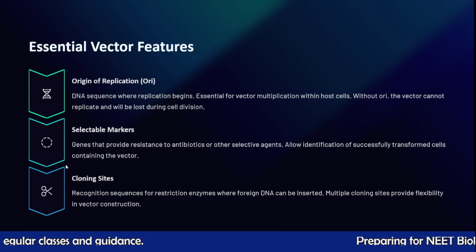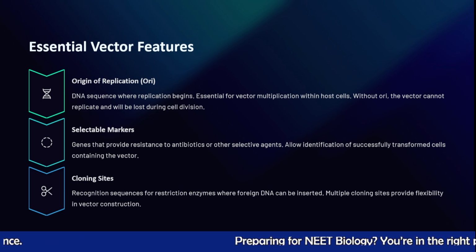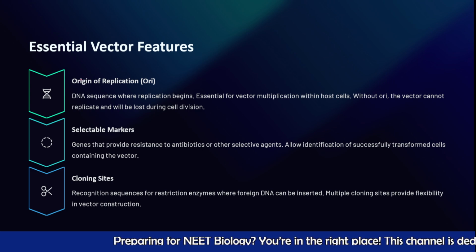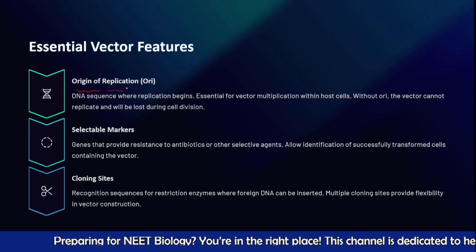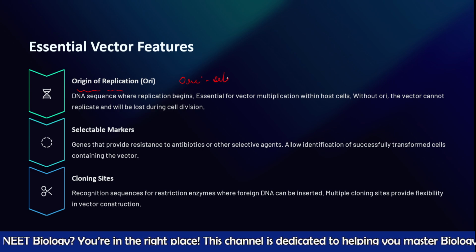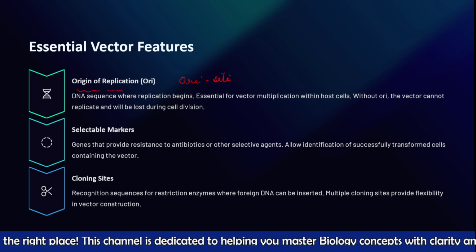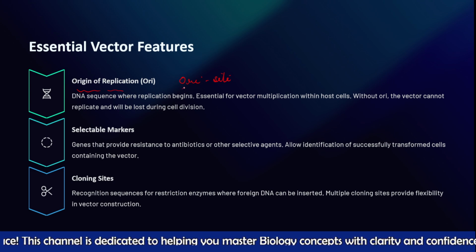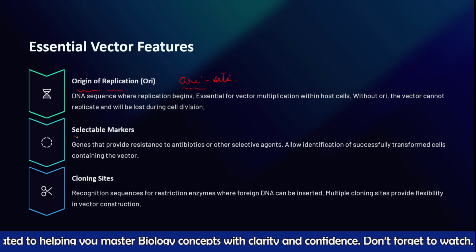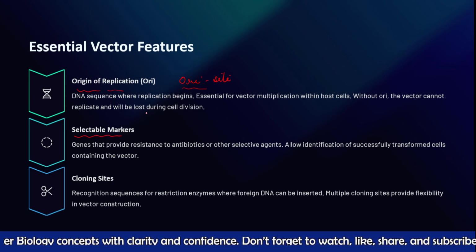Yeah, so let's discuss the essential features of a vector. A vector should consist of an origin of replication. It is called the ori site. A vector should contain a particular place where the origin of replication starts, and that is called the ori site. And the vector should consist of another important feature, that is a selectable marker.